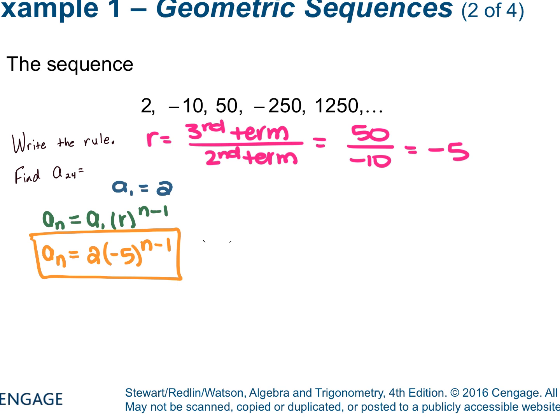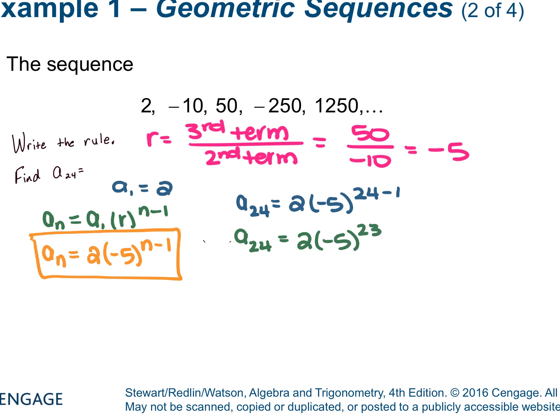To find a sub 24, we're going to use n as 24. So that's going to give us 2 times negative 5 to the power of 24 minus 1, which would give us a sub 24 is equal to 2 times negative 5 to the power of 23.